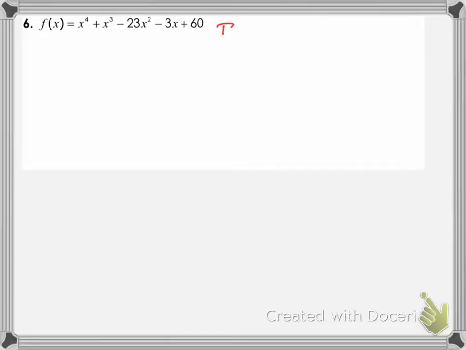So let's list some of these out. P is 60. So there's a lot to go with 60. 1, 2, 3, 4, 5, 6. Shoot. 10, 12, 15, 20, 30, and 60.